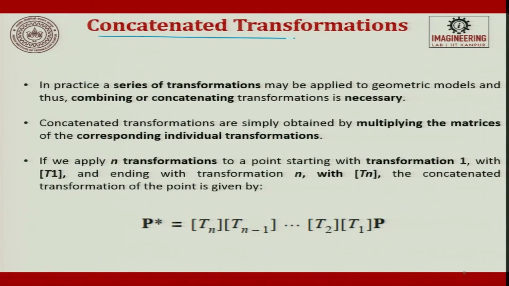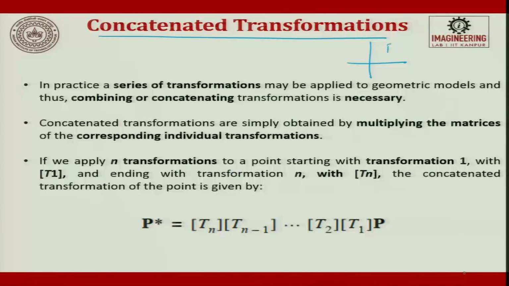Now, we have seen only one step transformation, but in reality there are several steps an object will undergo to go towards its final destination. For example, let us take a square. Suppose I wanted to move the square about its axis, the center, and I wanted to rotate the corner by another 30 degrees or 60 degrees in the clockwise direction.